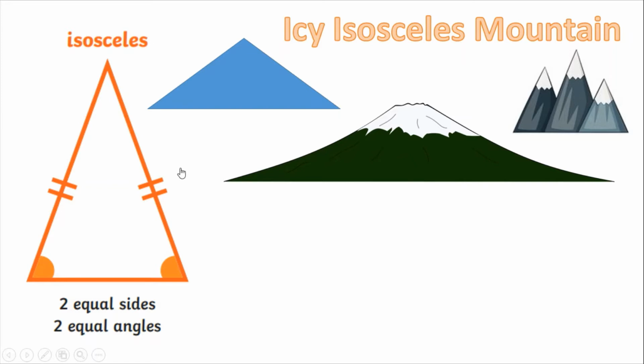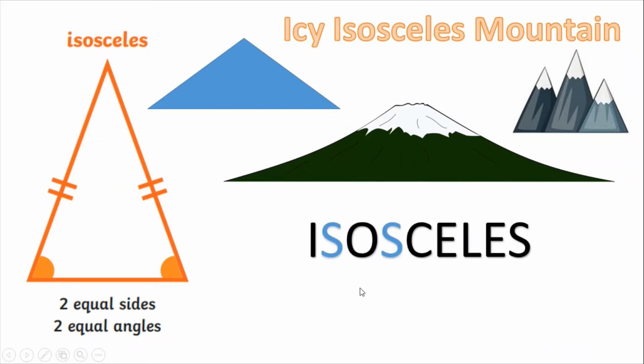Now, to me, it reminds me of a mountain, and it could be a tall, pointy mountain, or a mountain that looks a little bit like perhaps a volcano as well, that is stretched out a little bit more. But that's what I think of, an isosceles mountain. Now, the word isosceles has got 2 S's in it, and we need to remember that in an isosceles triangle, 2 sides are the same.